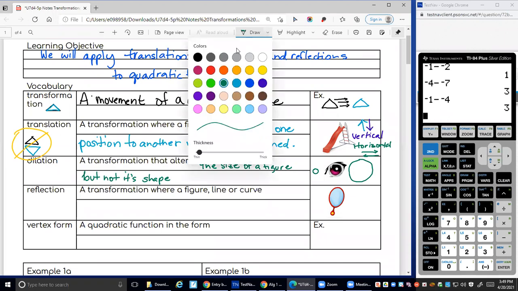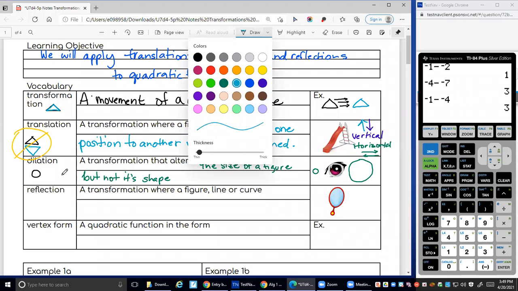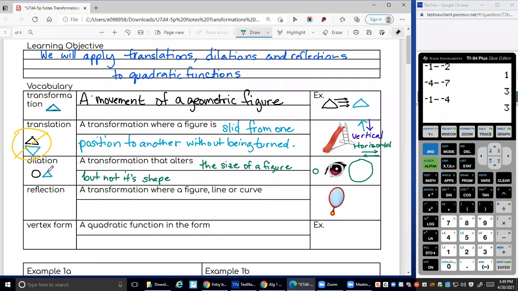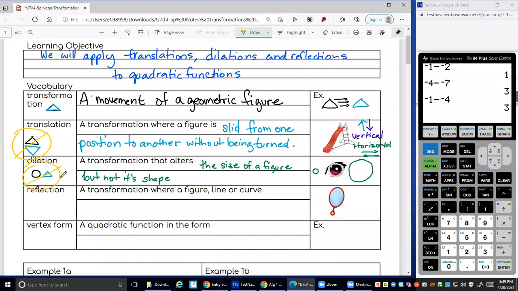So here we start off with, say, a circle, and then you end up with a triangle. That's not a dilation. Okay. And of course, these are counter examples.